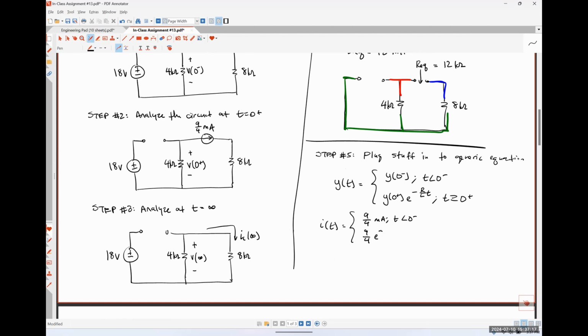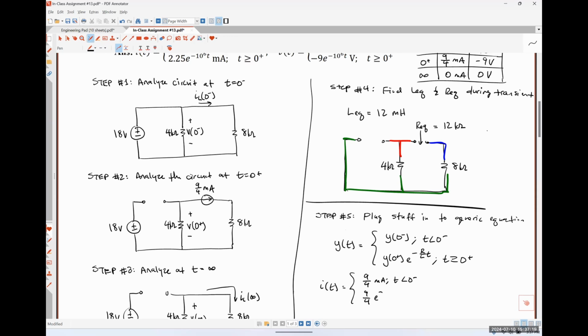E to the negative. So let's come up here really quickly and figure out what R over L is. R is 12 times 10 to the 3 volts per amp. L is 12 times 10 to the minus 3 volt seconds per amp. So 12 cancels 12, volts cancels volts, per amps cancels per amps.